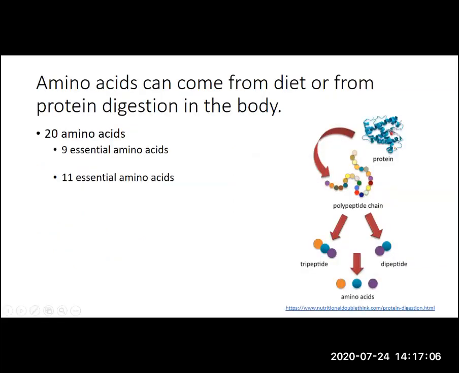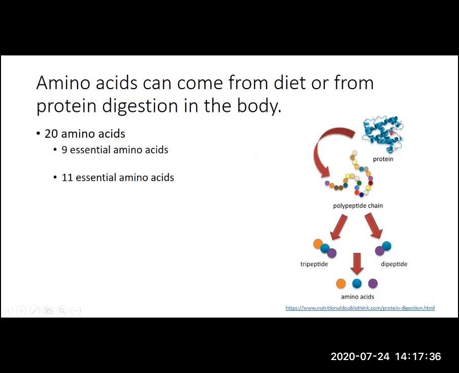So if we focus in on these amino acids, we need these amino acids to be able to build the proteins and keep our body functioning. The amino acids are going to come from two sources. The amino acids can come from our diet. If you eat proteins in plants or proteins in meat from animals, your body's going to digest those things down into individual little amino acids, and absorb them within your digestive system and make them available to the cells within the body.